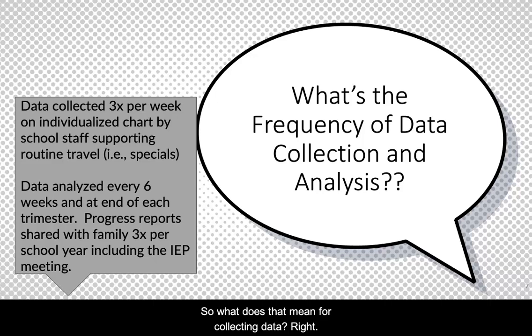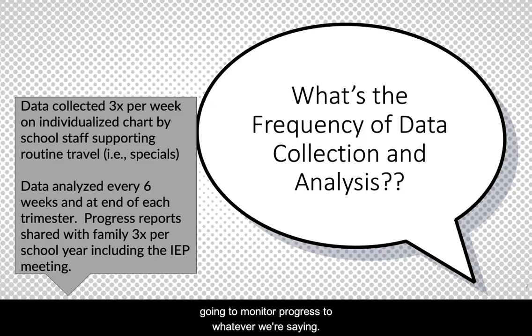So what does that mean for collecting data? It's not enough just to say, yep, we're going to address these behaviors, and we've made our goal to think about the number of times they engage in that behavior and reduce the number of unnecessary behaviors. In this case, we have to think about how we're going to monitor progress.